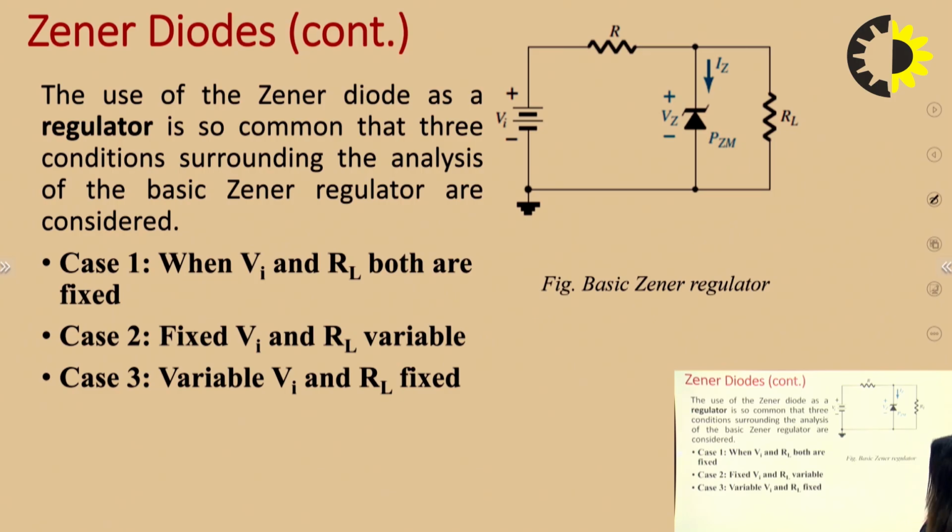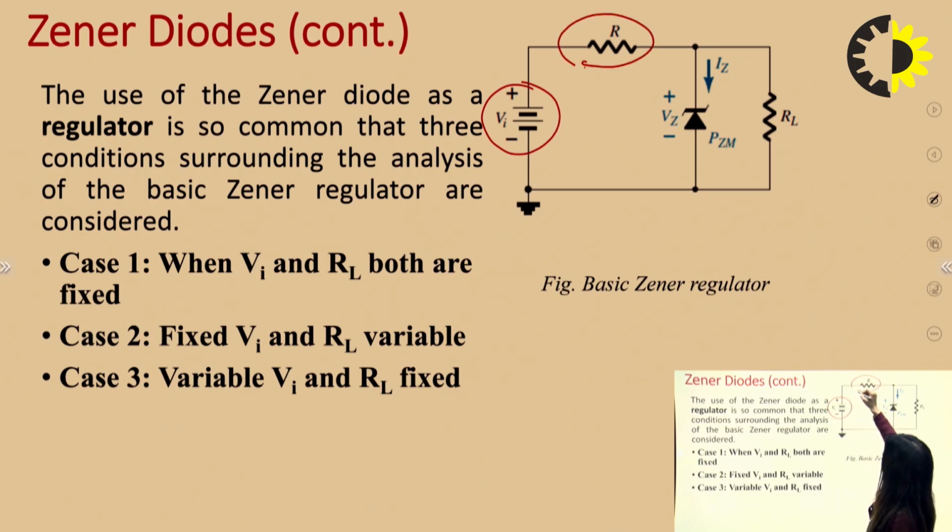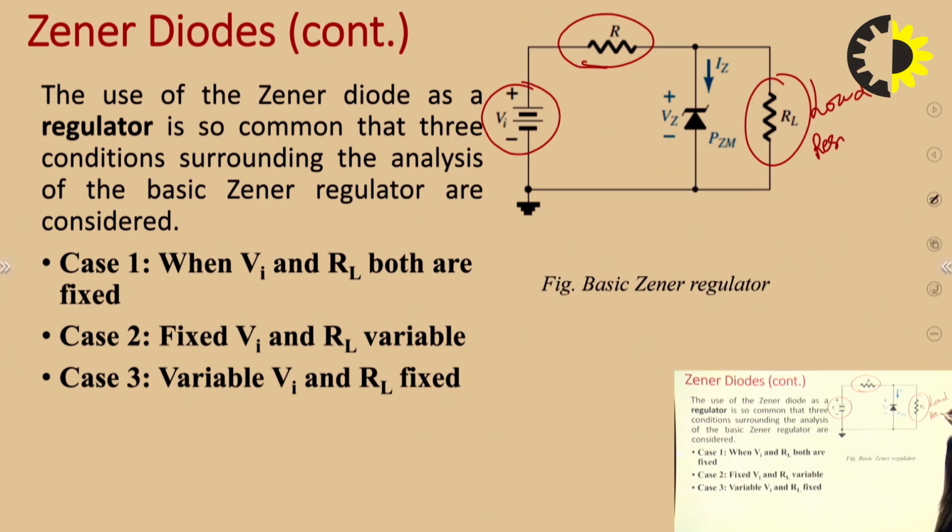Here we have the input voltage source Vi, this is one resistance R, and this is the load resistance, and this is the Zener diode whose Zener voltage is Vz.